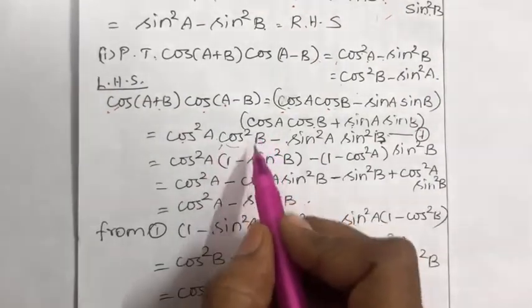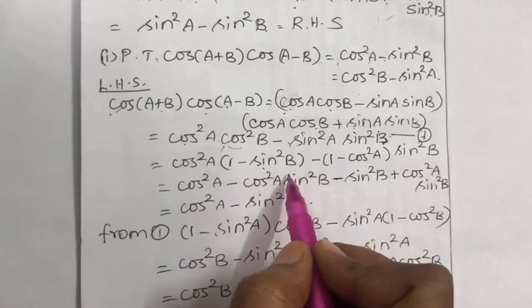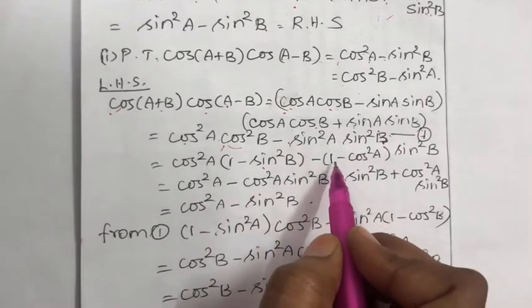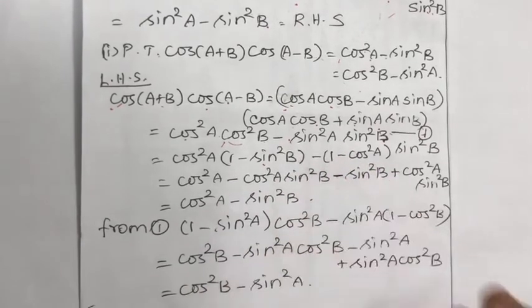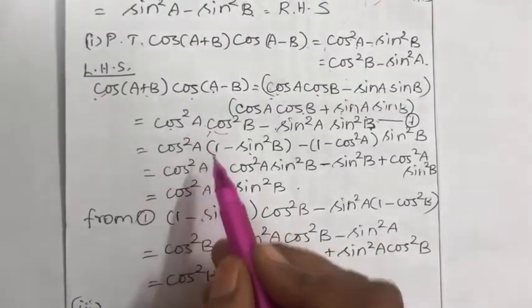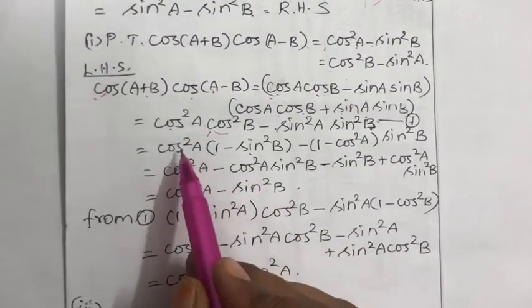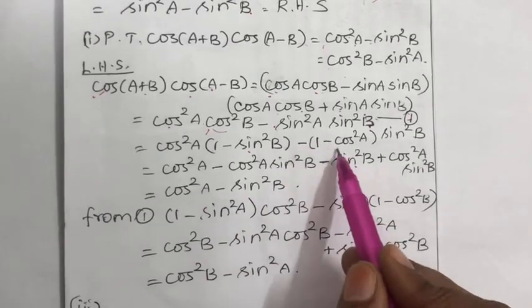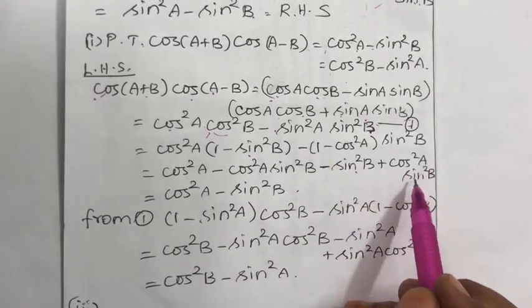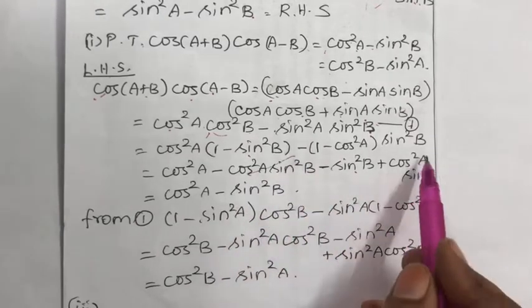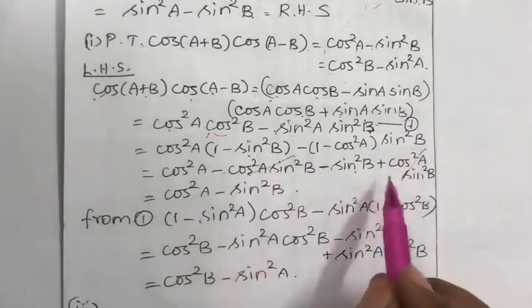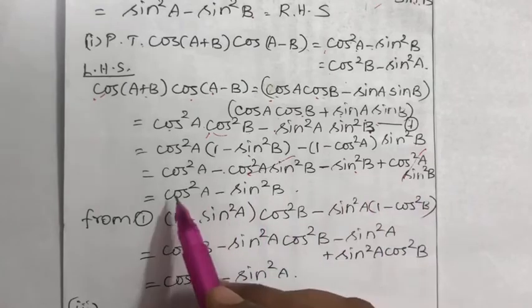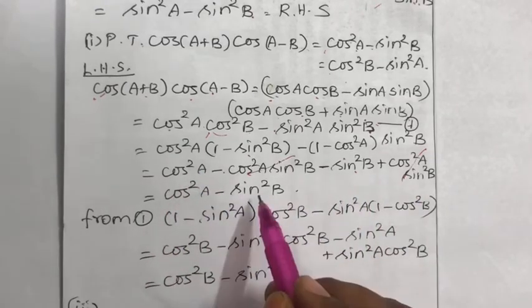So cos square B can be written as 1 minus sin square B, sin square A can be written as 1 minus cos square A. While multiplying this inside, cos square A minus cos square A sin square B, here minus sin square B plus cos square A sin square B. So cos square A sin square B and cos square A sin square B, minus and plus, so it will get cancelled. Our answer is cos square A minus sin square B.